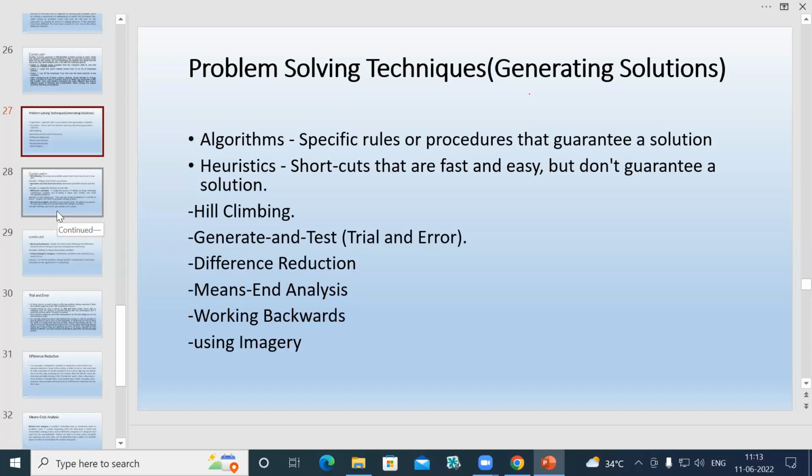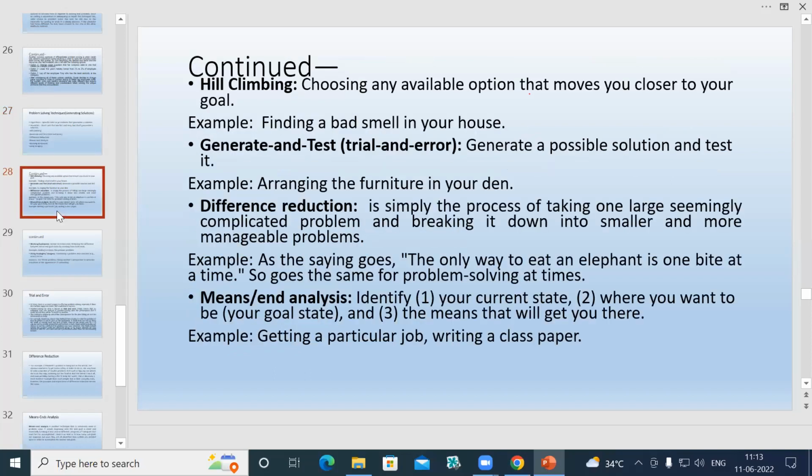There are various types of this heuristic kind, that is hill climbing, generate and test, which is also known as trial and error. Then difference reduction, then means-end analysis, then working backward and using analogies or imagery. That is also a problem solving technique. So let us go one by one. Next slide, please. So first is hill climbing.